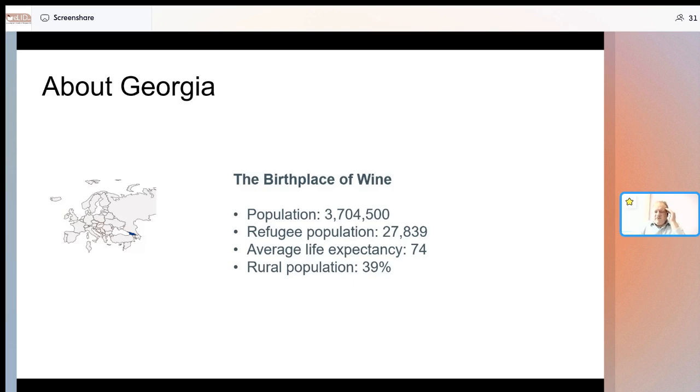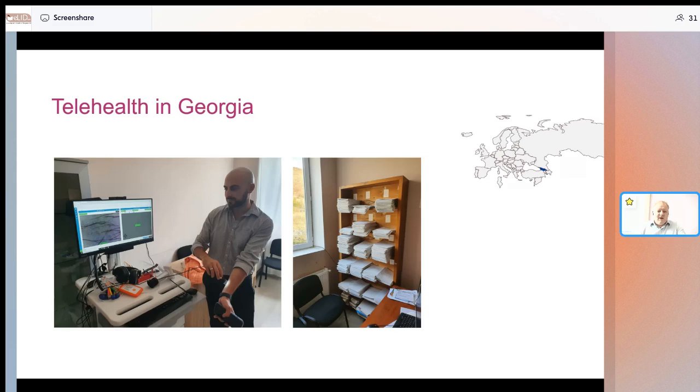But the reality was some of the stuff that we ended up talking about was nothing to do with e-learning. So you can see here, this is one of my colleagues who was demonstrating the telemedicine equipment. It's a dermatology scanner. And this all looked great in theory, but there were some really practical things like the lack of reliable Wi-Fi, and the lack of even curtains at the window.